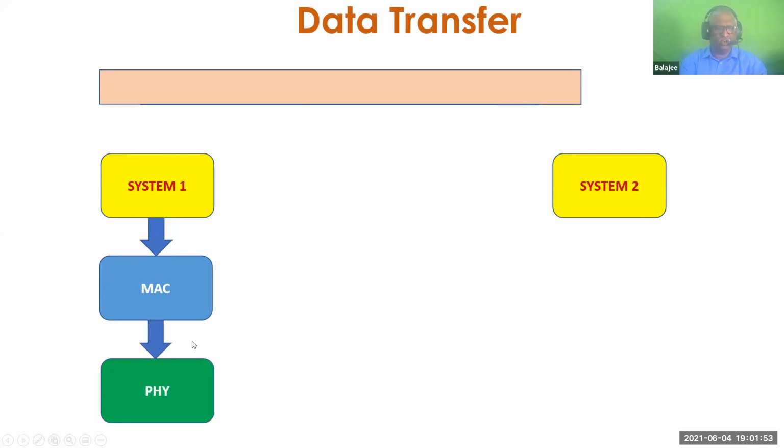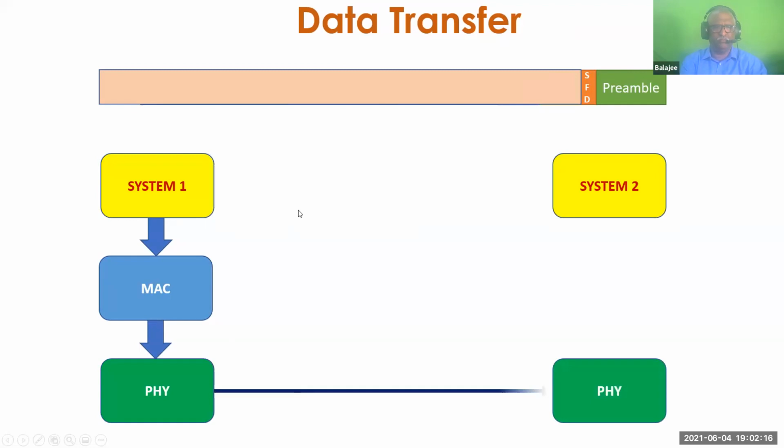The physical layer doesn't see anything; for him, it's once again ones and zeros. He doesn't know what the to address or from address is. His job is to send it on the wire. When he sends it on the wire, he adds a preamble and SFD, which is 7 bytes and 1 byte, 8 bytes in total, and then sends it to the next node.